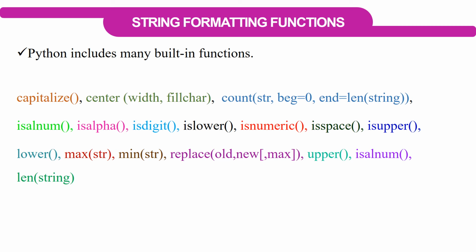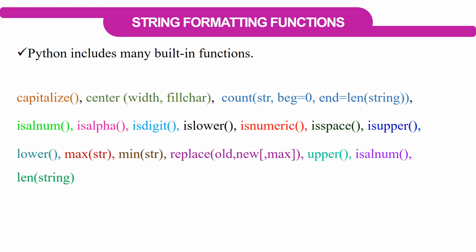The next one is isalnum. If the string has at least one character and all characters are alphanumeric, it returns true, otherwise false. The next one is isalpha. If the string has at least one character and all characters are alphabetic, it returns true, and false otherwise. Then isdigit: if it contains only digits, it returns true, otherwise false.